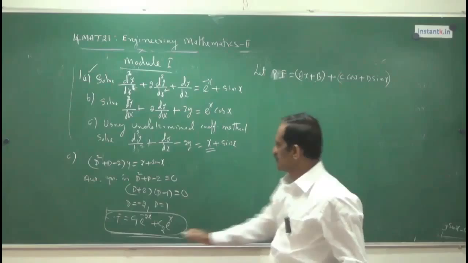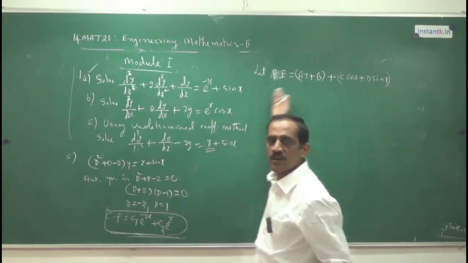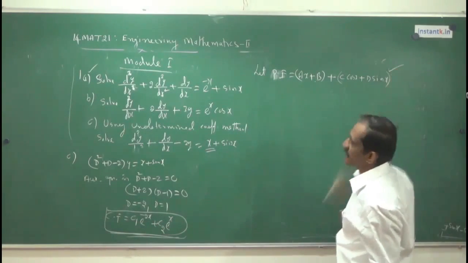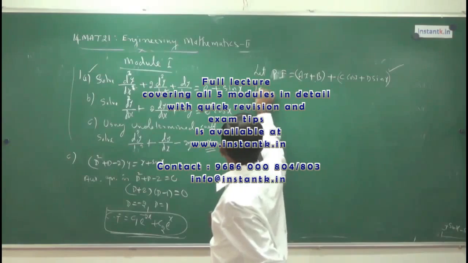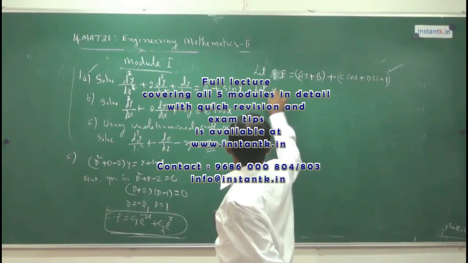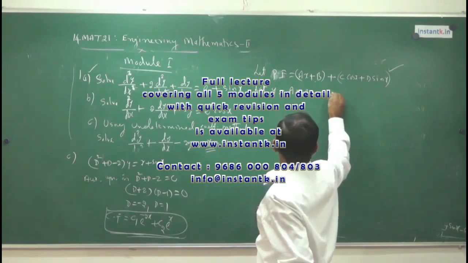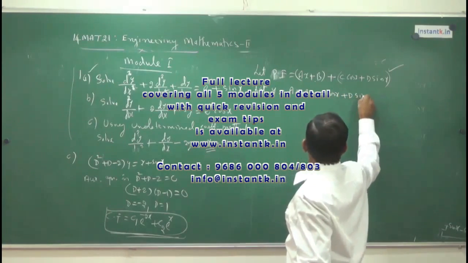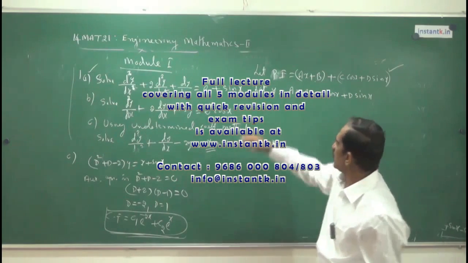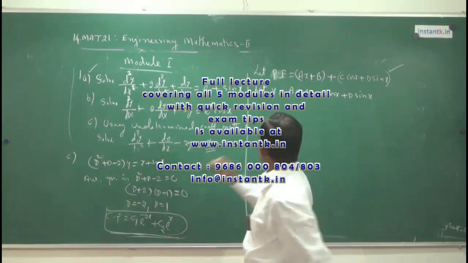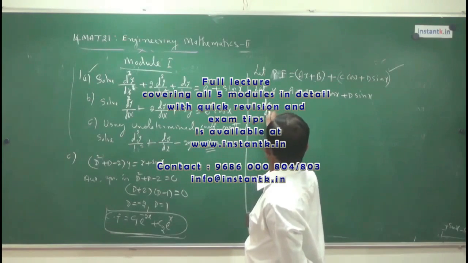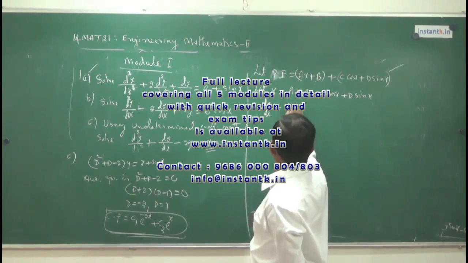Here sin x, cos x, and here exponential functions. It is not there. So your assumption is correct. So take y is equal to ax plus b plus c into cos x plus d into sin x. Get all these derivatives. We need dy by dx. Derivative of this much is a.